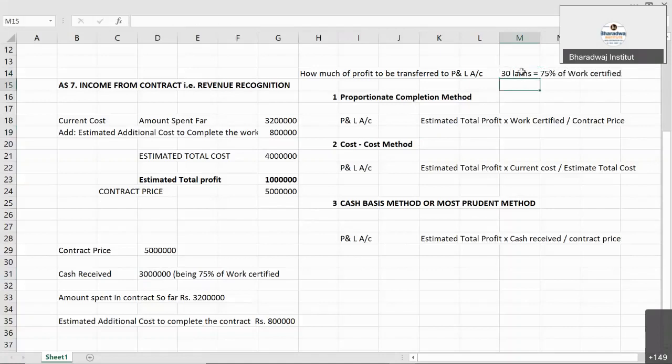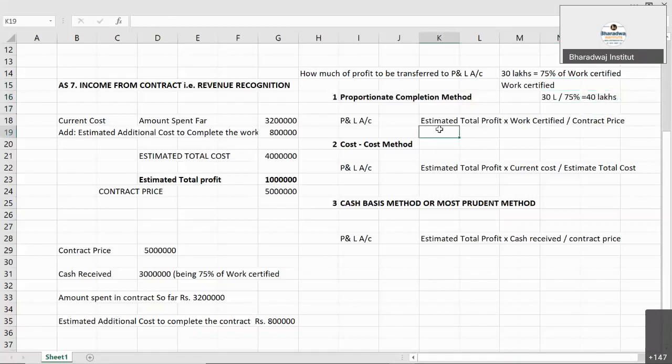So what is work certified? 40 lakhs. How to work it out? Simple, 30 lakhs divided by 75%. You will get how much? 40 lakhs.